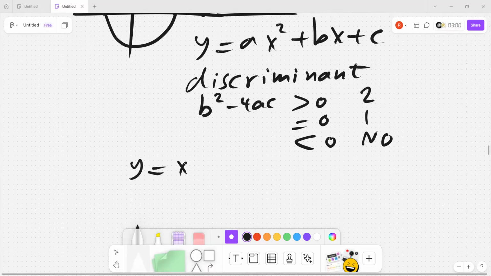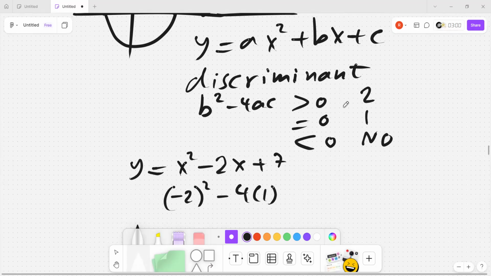Okay, for example, y equals x squared minus 2x plus 7. So b squared minus 4ac: negative 2 squared minus 4 times a, where a is 1, and c is 7.